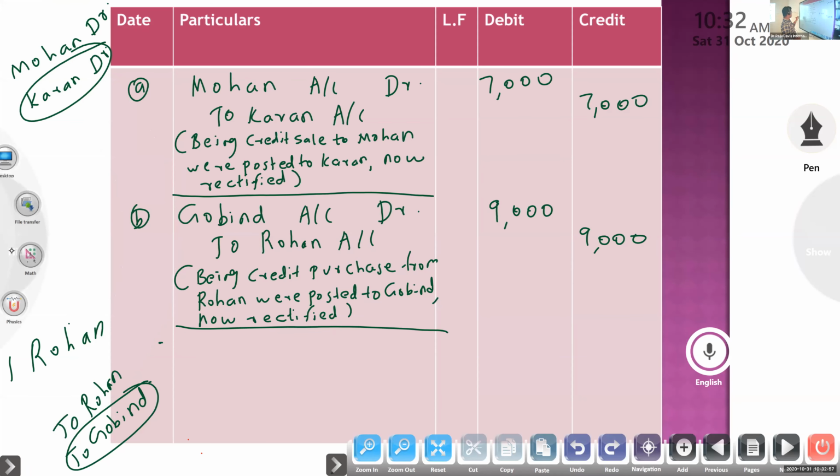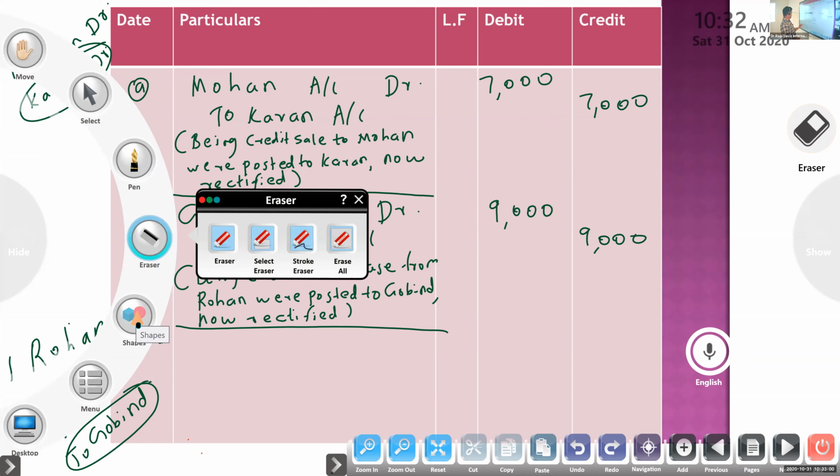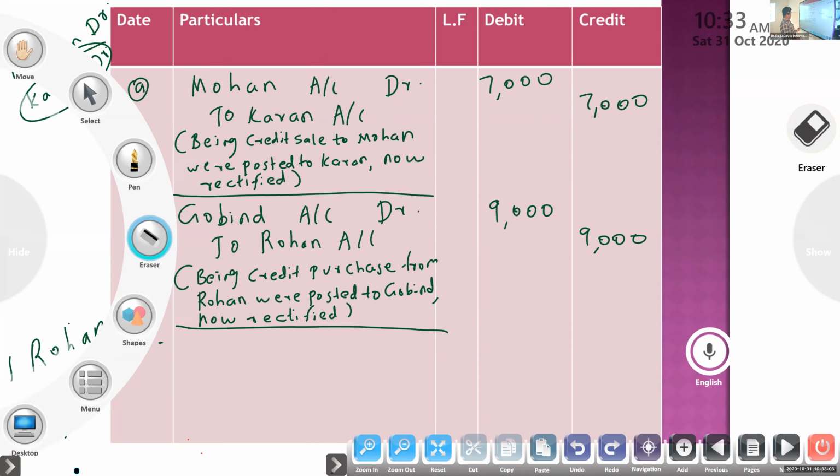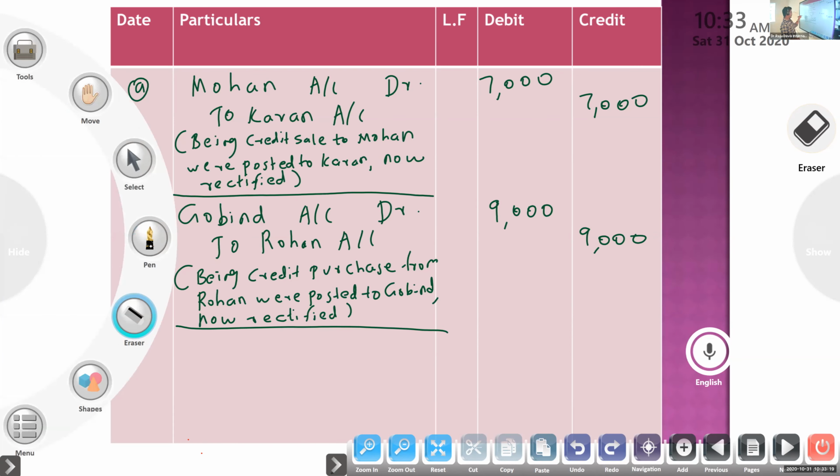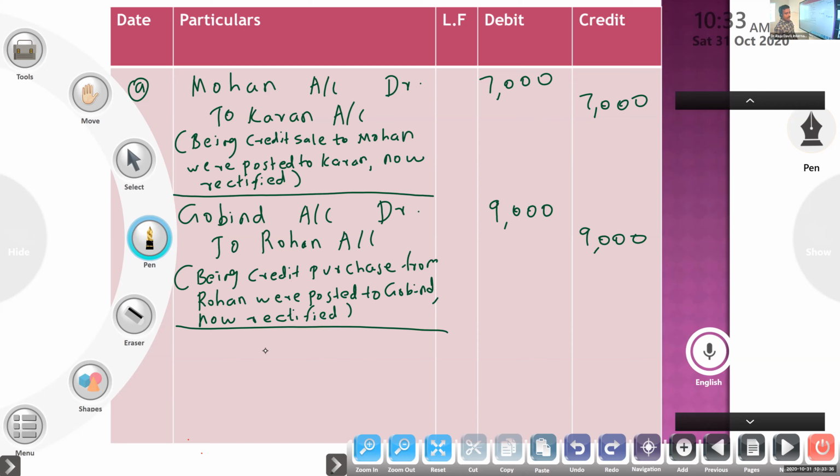Next one. Goods returned to Ragesh were posted to Naresh.